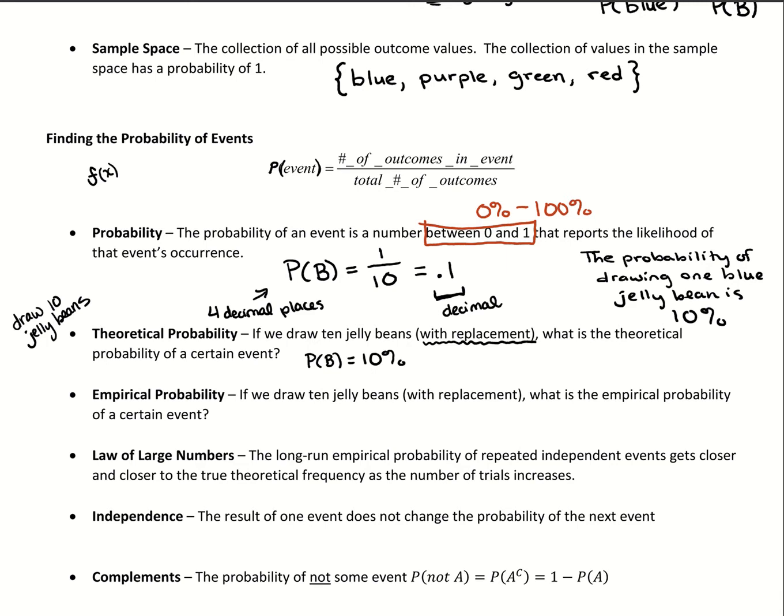However, this isn't always true. If we take this to flipping a coin, if I say, what's the probability of flipping heads? We would say 50%. It's 50-50 between tails and heads. But if I tell you to flip a coin 10 times, does that guarantee that you're going to get exactly 50% heads? Are you going to see heads exactly 5 times? No. And you can even play around with that.